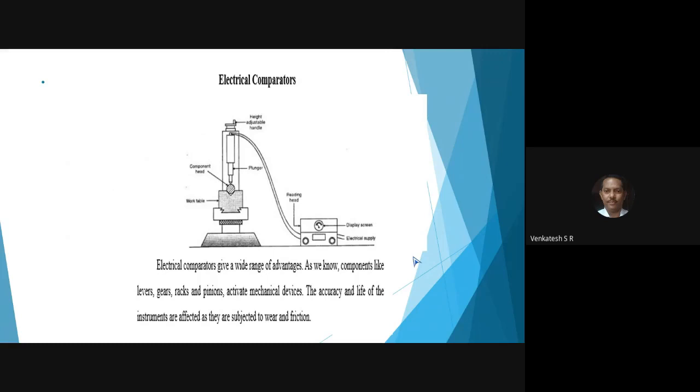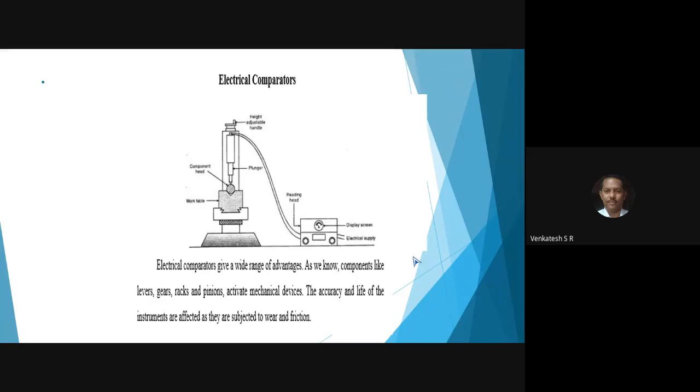All of you know that alternating current means the positive and negative alternately change. But in case of DC current, positive and negative are constant. So you have only positive or only negative. From that, you can measure or compare the component with the upper limit and lower limit.